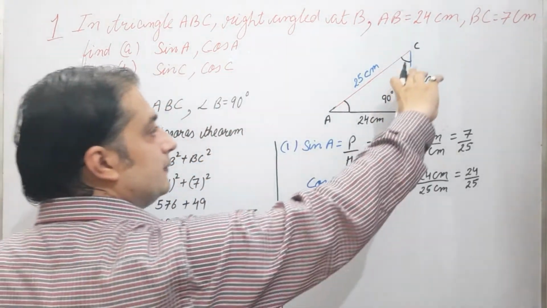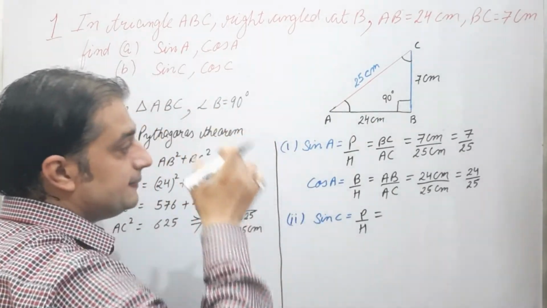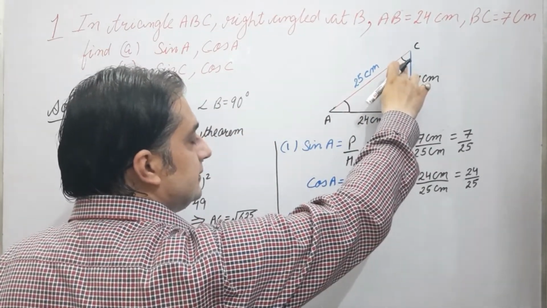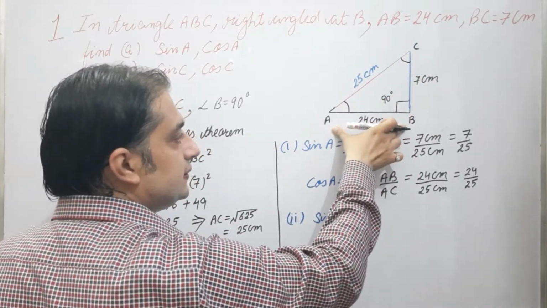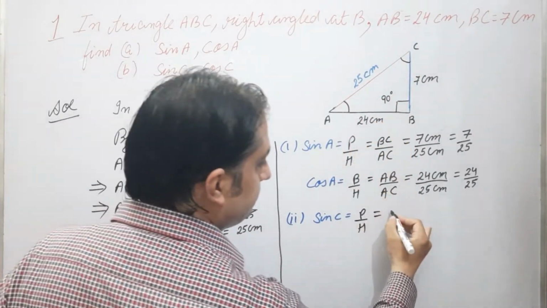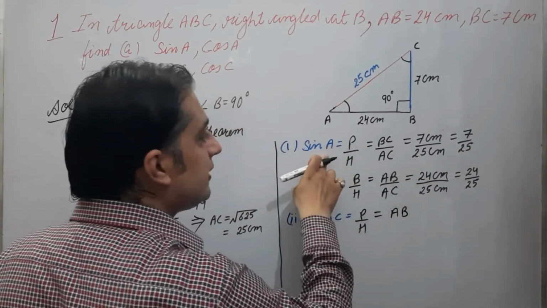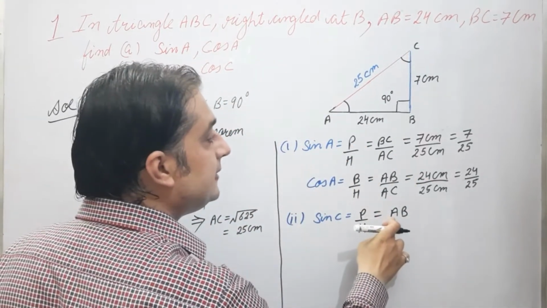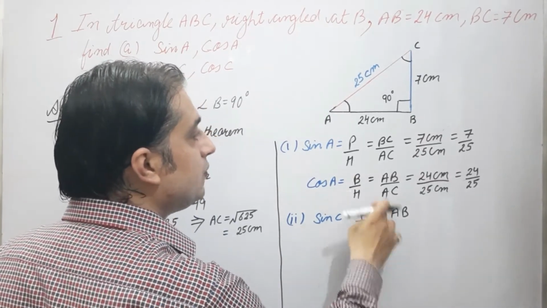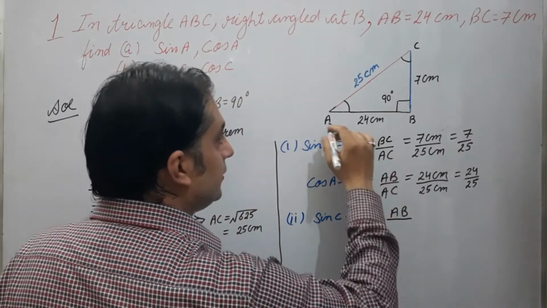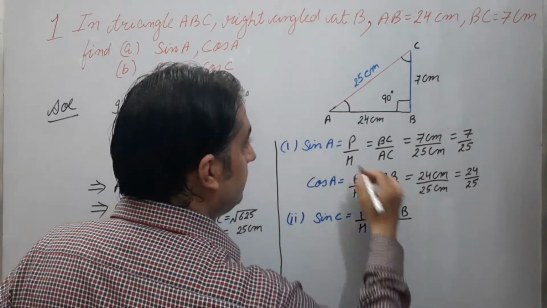Now the positions of the perpendicular and base are changed. For this angle C, the side opposite is denoted by AB. This AB is base in the case of angle A, but this AB now is perpendicular for angle C, and hypotenuse remains the same, so it becomes AC.